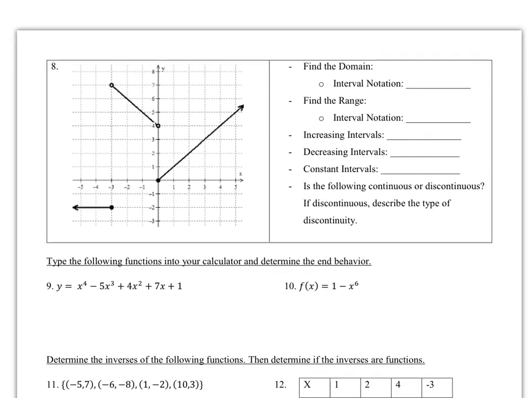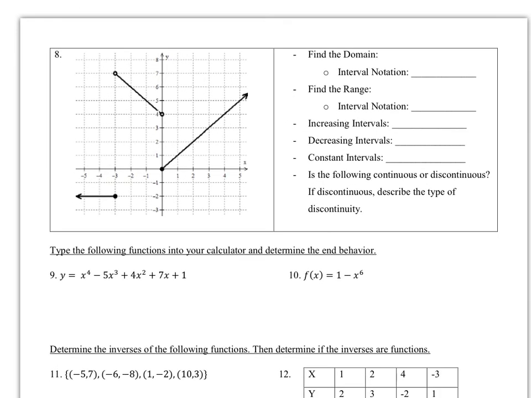All right, so let's check out number 8. Find the domain, interval notation. So when I'm looking at the domain on this problem, all the way to the left, let me do that in a prettier color, is red. And then notice here is a closed dot, but it jumps all the way up here, which is an open dot, which is fine, which means it's still a function, so that's still included.